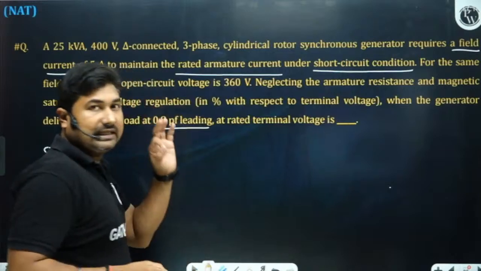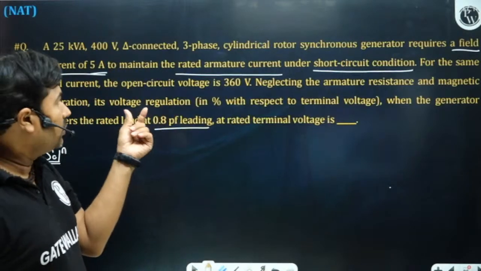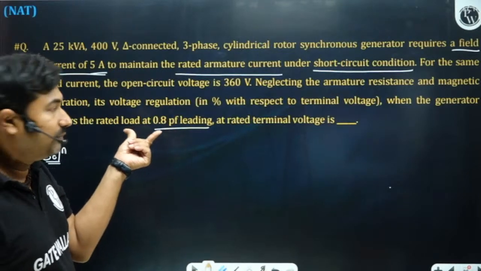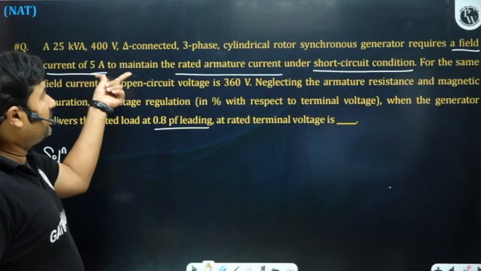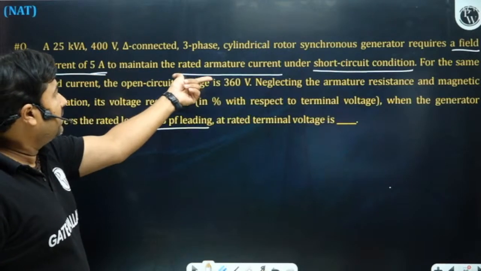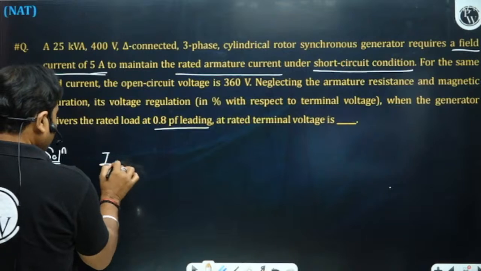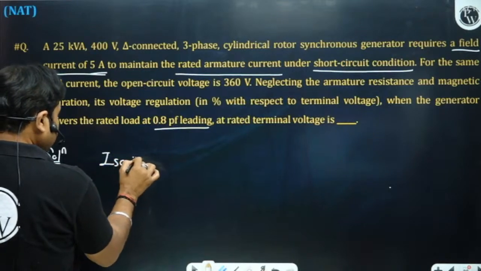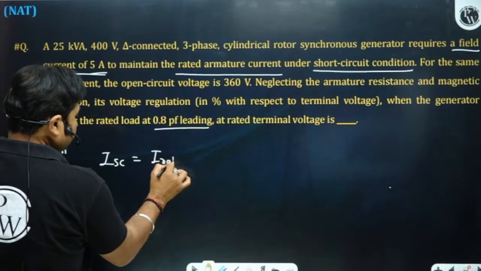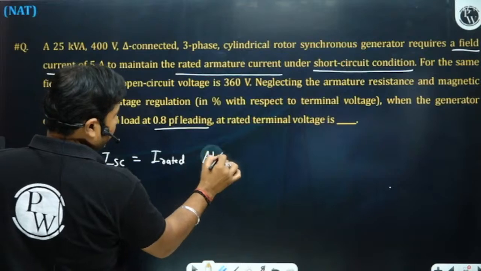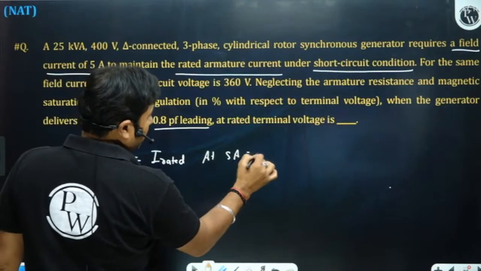So in a short circuit characteristic curve, we know how to calculate the value of ISC. ISC is given to you. ISC is rated current at a field current of 5 ampere. So ISC equals I rated at 5 ampere of IF.